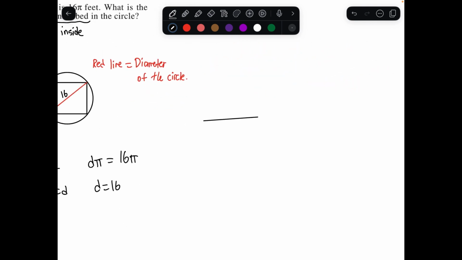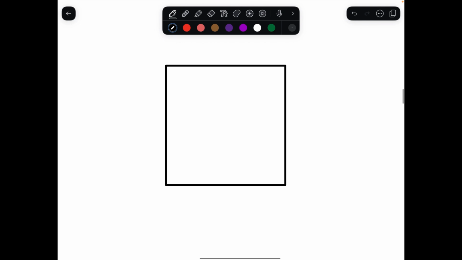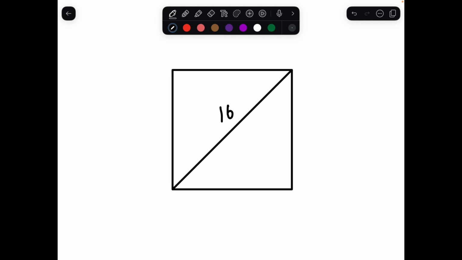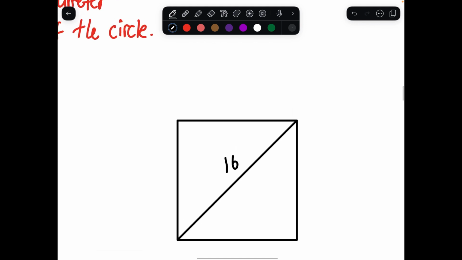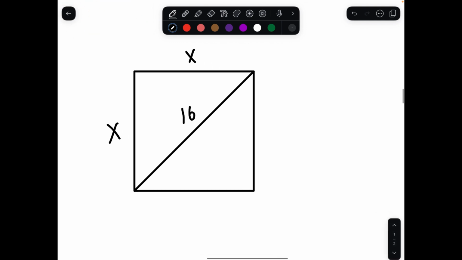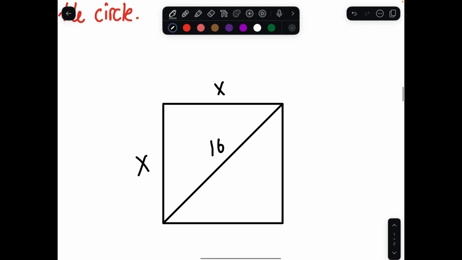So now let's just focus on the square. So if the diameter is 16, that means the diagonal is 16. And then, since all sides in a square are equal, we can just put this as x, and this can be x. And then we can solve this by using the 45, 45, 90 identity, and I'll show you guys what that is.